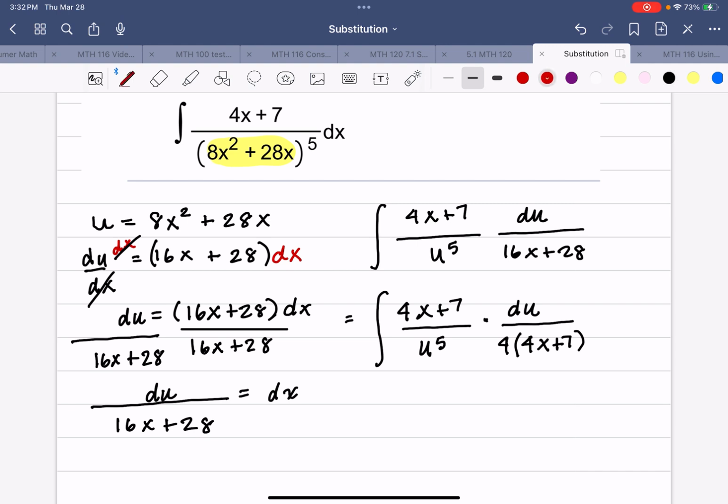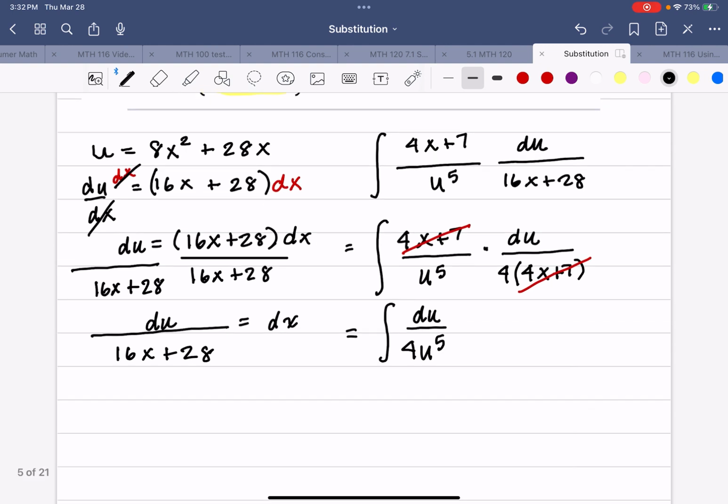So now, through reducing, all the terms with the x's are actually gone. So I get the integral of du over, and look, that's 4u to the 5th. Now I have all u, so this is great.